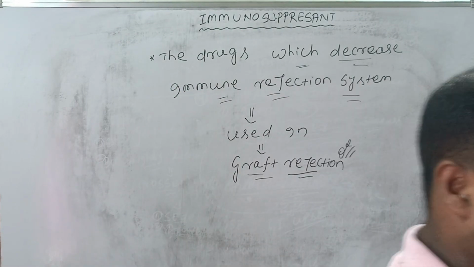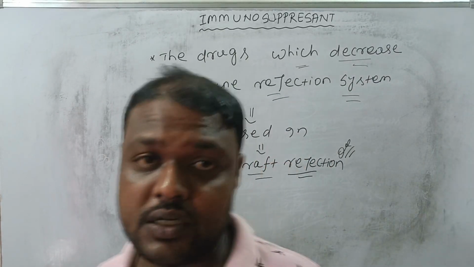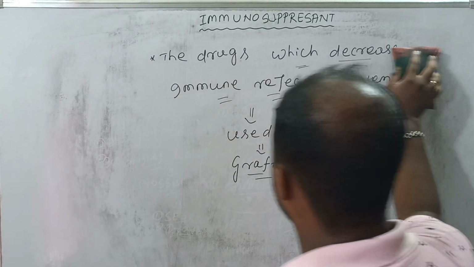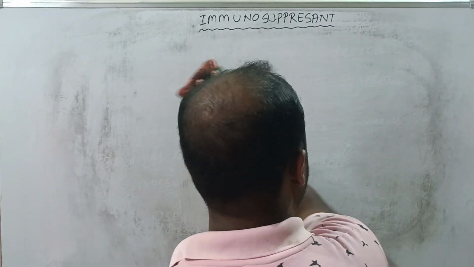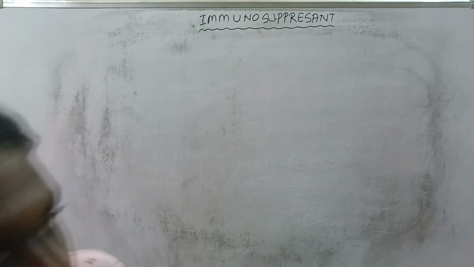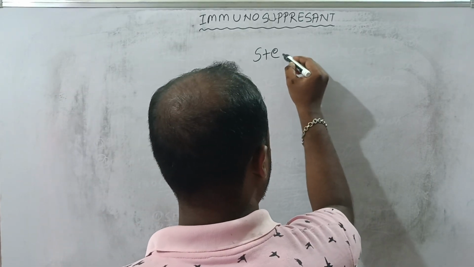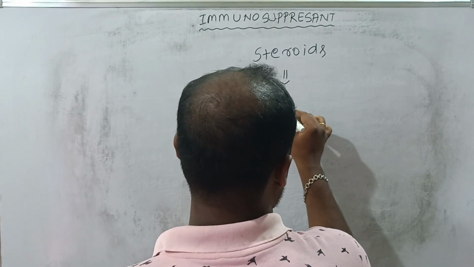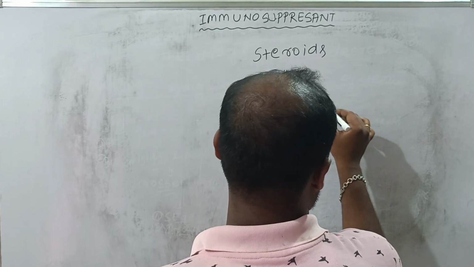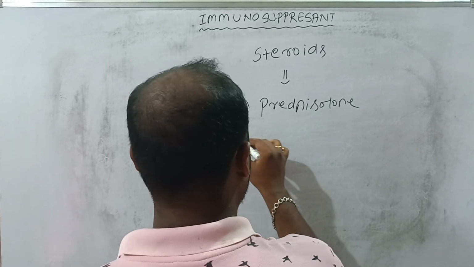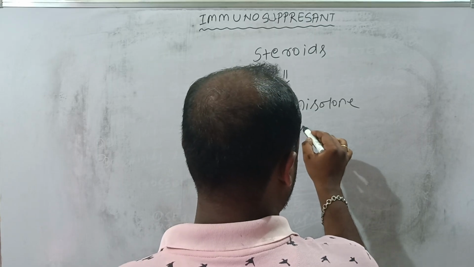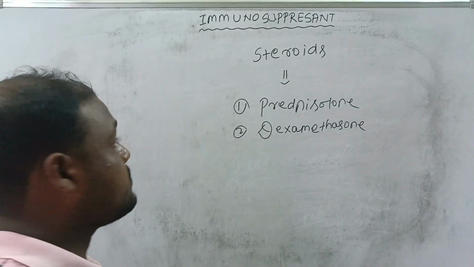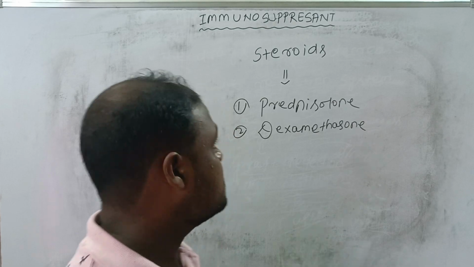Then another immunosuppressant is the steroid, like prednisolone and dexamethasone. The first one is prednisolone, the second one is dexamethasone. Both are steroids.